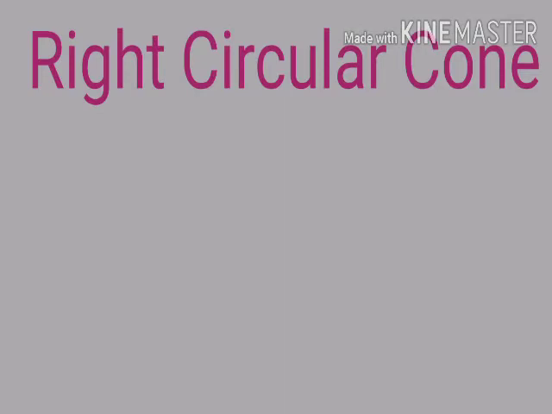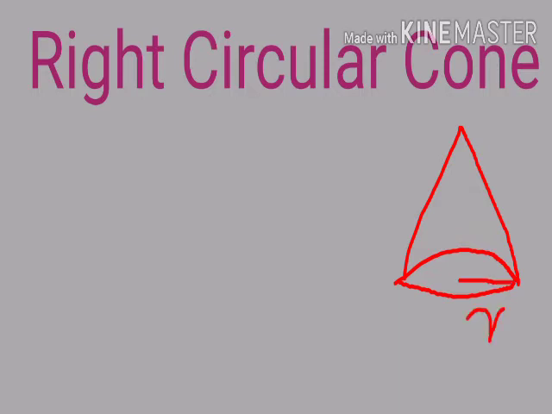Next topic is right circular cone. That means straight cone. This is the figure for a right circular cone. In this cone, there are three measures, that is the radius of the base, the height, the perpendicular height of the cone, then L. L means slant height.